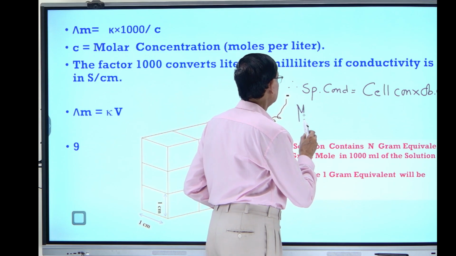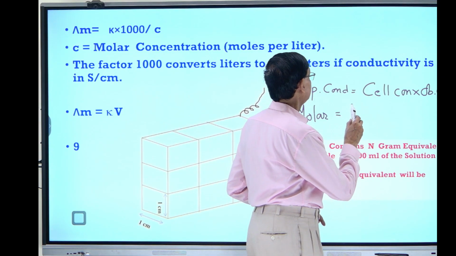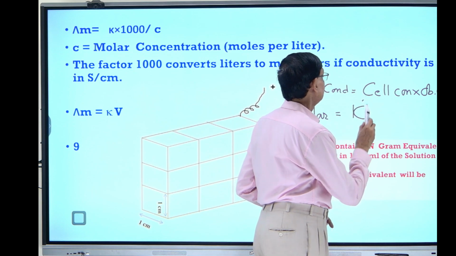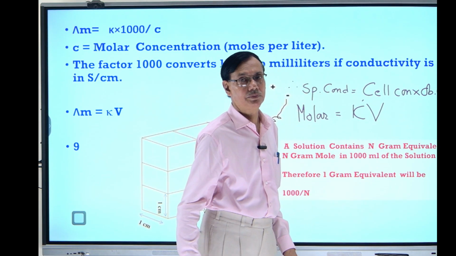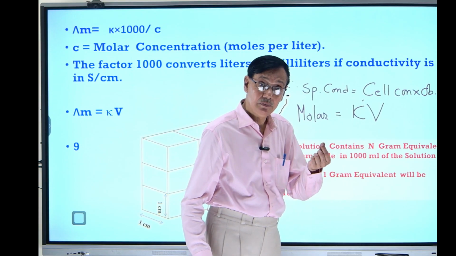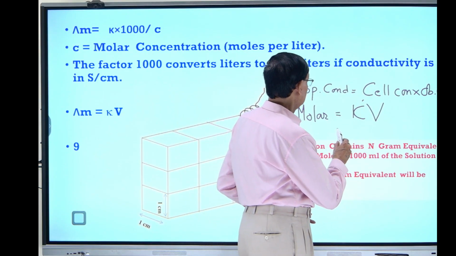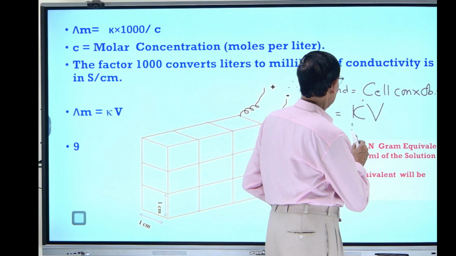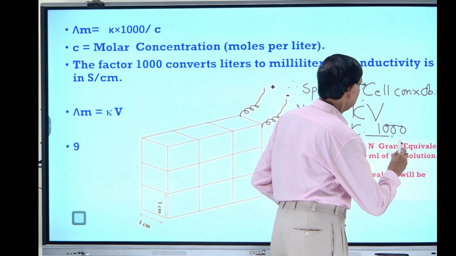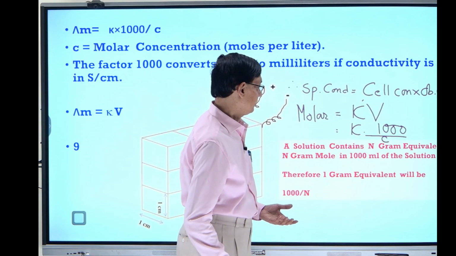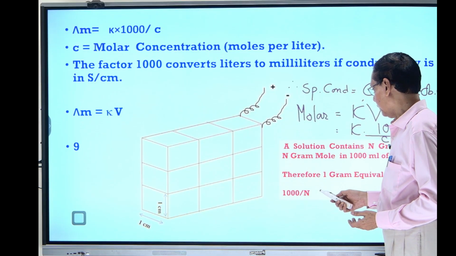Molar conductance is kappa, specific conductance, times volume in ml or cc containing 1 gram mole, or I can write it like that: kappa times 1000 divided by whatever the concentration, C or M. I think you can understand. I will explain some numerical problems so you can understand the things.